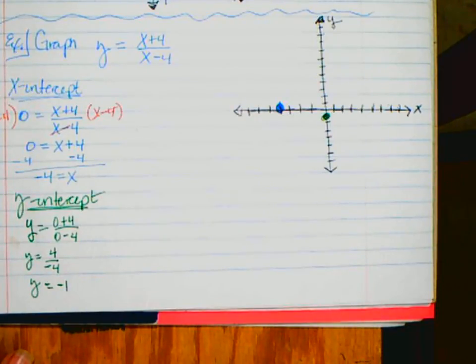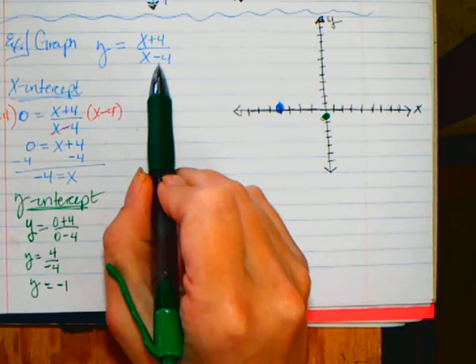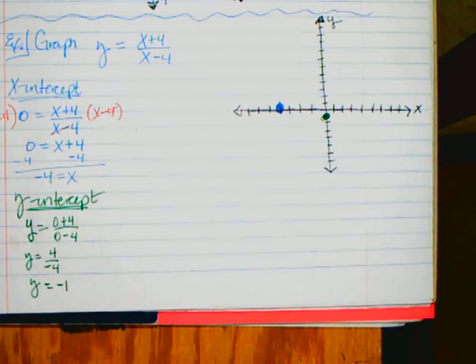So to find vertical asymptotes, make sure the numerator and denominator are completely factored, which our numerator and denominator are. It gave it to us that way. Cancel any common factors. Can we cancel any common factors? No. If no factors can be canceled, which is us, then the vertical asymptote is the same as the restriction.